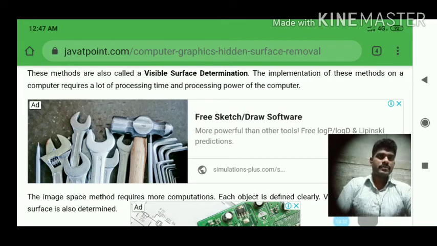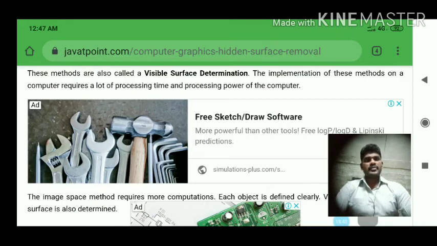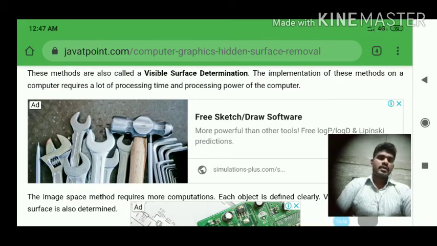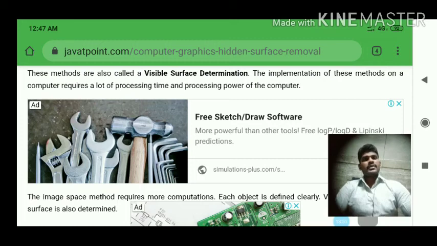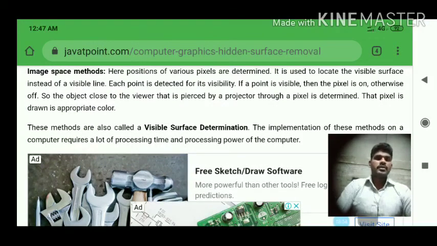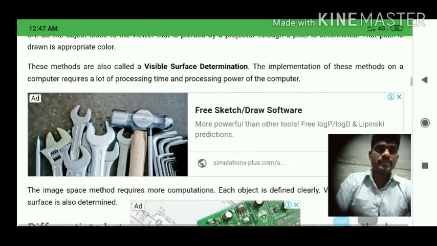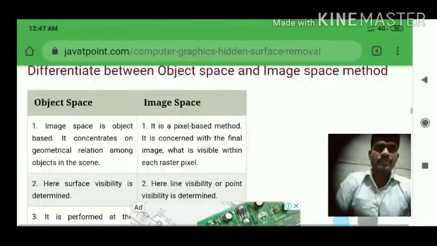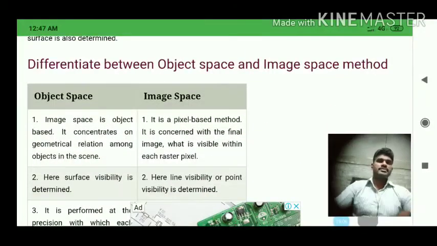Power, time, and memory are required. So both these methods are used to determine visible surfaces, or hidden surface removal. Visible surface determination, visible surface detection, and hidden surface removal are the same. One is the object space method, the second one is the image space method.